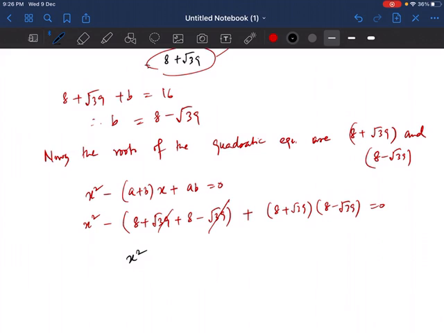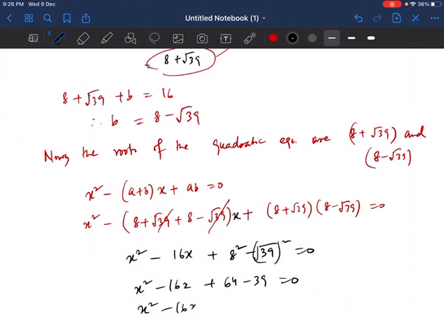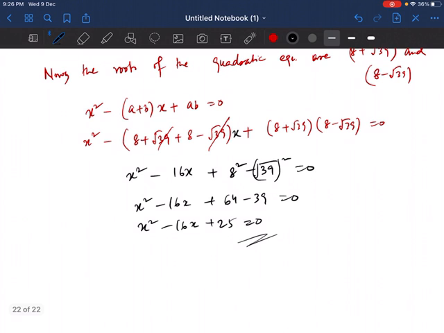So we have x square minus 16x, then plus 8 square minus root 39 whole square, equal to 0. So x square minus 16x plus 64 minus 39 equal to 0. So this is coming out to be 25. x square minus 16x plus 25 equal to 0. That will be my answer. So that's how we find the quadratic equation, by the roots.